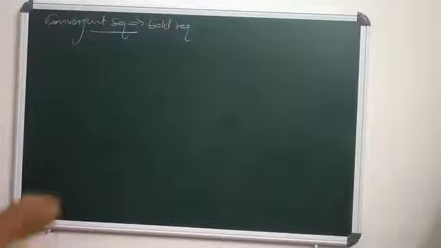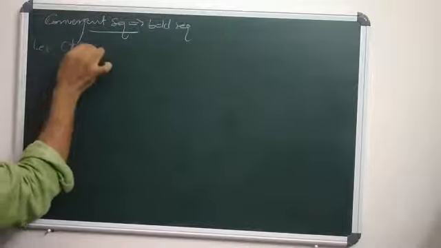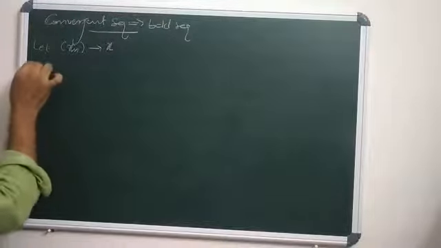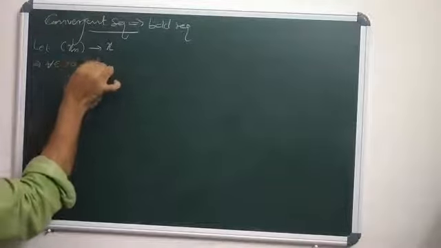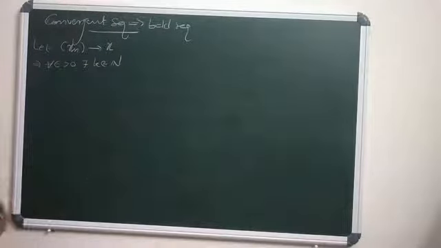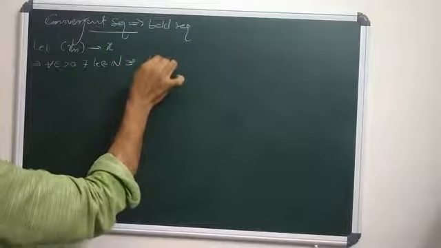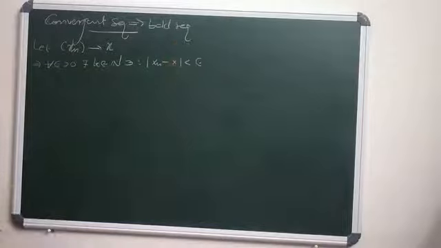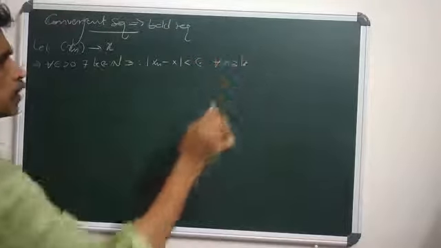So let the sequence x_n be a convergent sequence. The sequence x_n converges to x means for all epsilon positive, there exists a natural number k such that modulus of x_n minus x is strictly less than epsilon for all n greater than or equal to k.